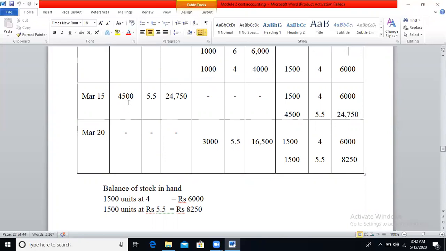If you multiply 4,500 into 5.5, you will get 24,750. Now, under the balance, still we are having 1,500 units at the rate of 4 rupees. So 1,500 into 4, you will get 6,000, and 4,500 units at the rate of 5.5. So you will get the total value as 24,750.